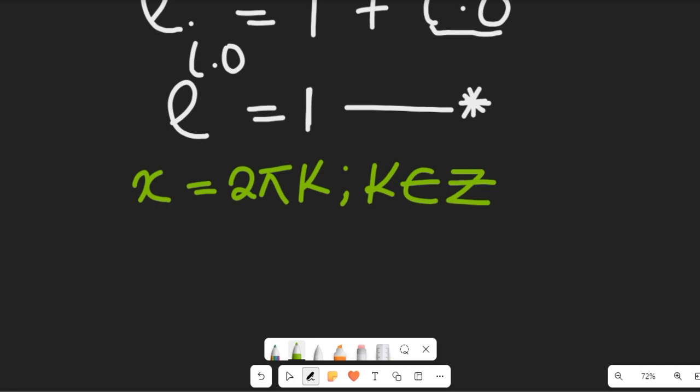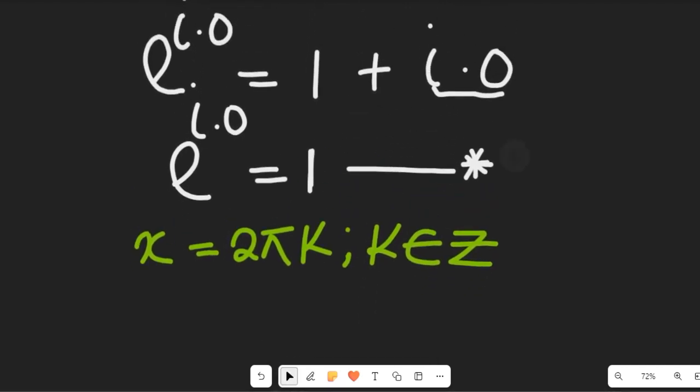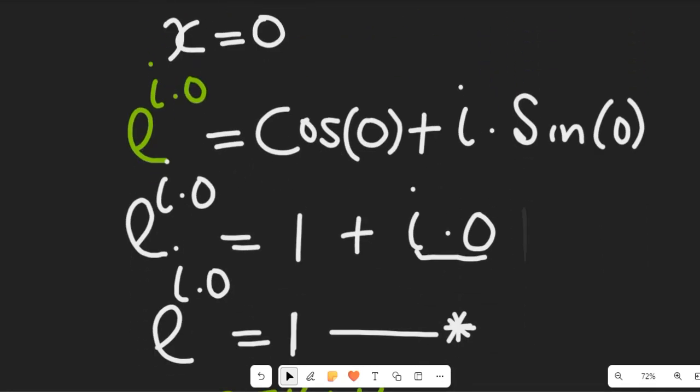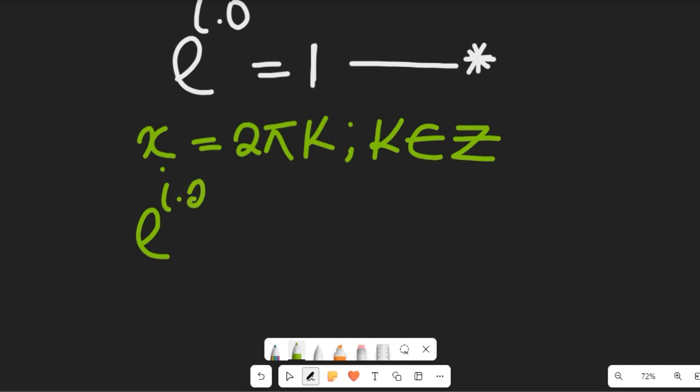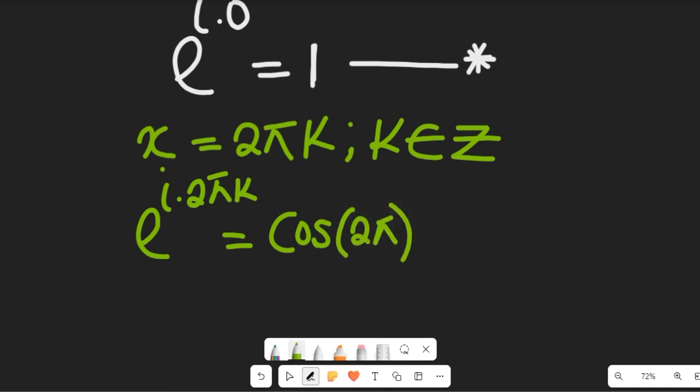So if we insert that into Euler's formula, that expression will now become e to the power of i multiplied by 2 pi k, and that will be equal to cos of 2 pi k plus i times sine of 2 pi k.